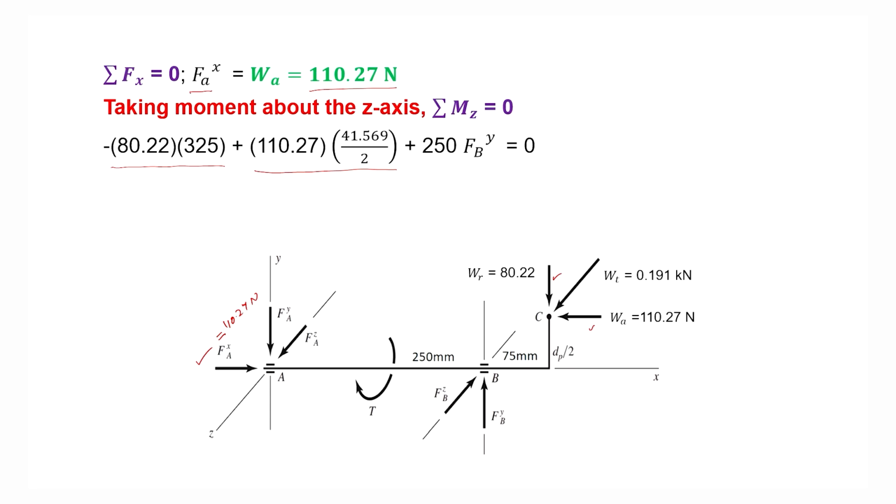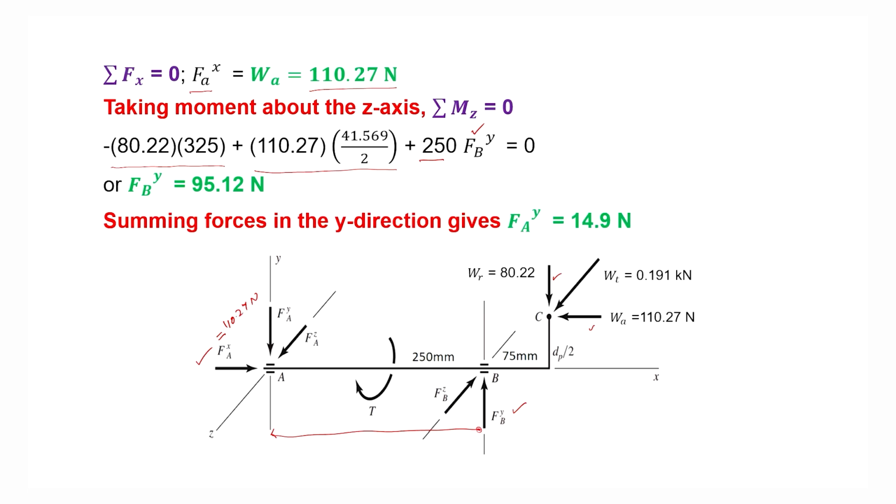Now, the third force which is acting other than along z is this FBY. The moment will be equal to FBY multiplied by this distance, which is 250. So, 250 multiplied by FBY, plus the other terms, should be 0. Solving this, we get the value of FBY, which is 95.12 Newton.